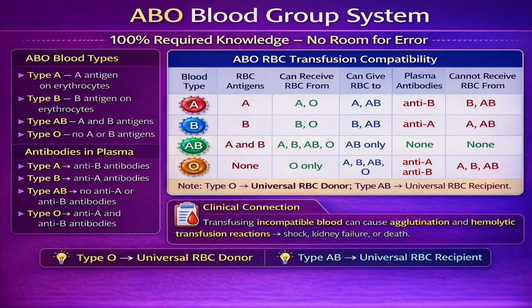Two important clinical principles help simplify transfusion compatibility. Type O blood is considered the universal red blood cell donor because it lacks both A and B antigens. Type AB blood is considered the universal red blood cell recipient because it does not contain antibodies that attack A or B antigens.